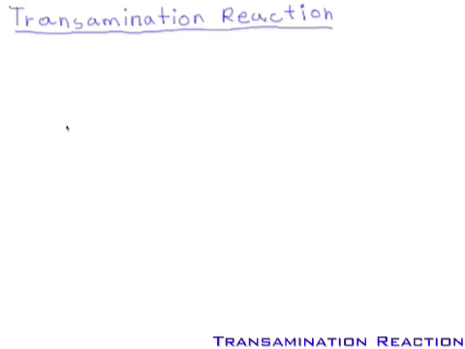Now, in the transamination reaction, there is a transfer of an amino group from an unneeded amino acid to a keto acid. I'll give you an example, and you are responsible for knowing this example.